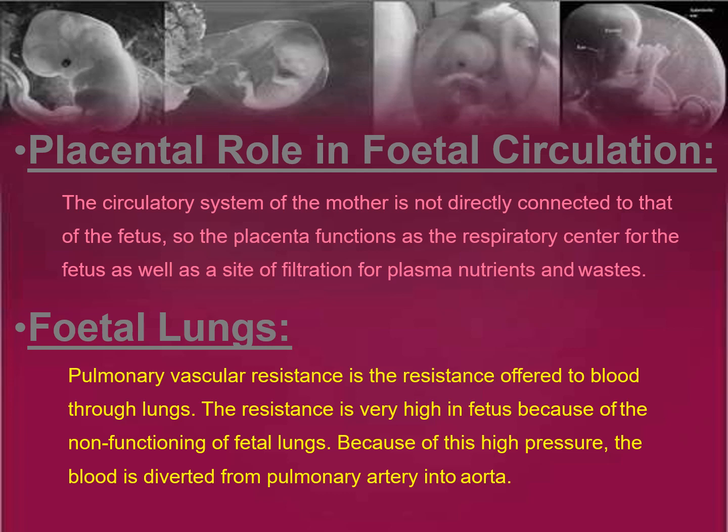The deoxygenated blood from the baby will come to the placenta through the umbilical artery, and in the placenta the exchange of carbon dioxide and oxygen will occur. That is, this deoxygenated blood coming from the fetus will leave the carbon dioxide in the placenta, and it will absorb oxygen from the placenta and go back to the baby through the umbilical vein. So this is what happens inside the placenta.